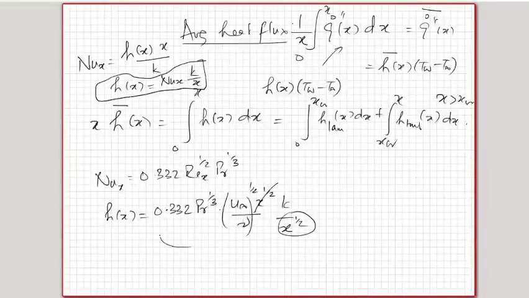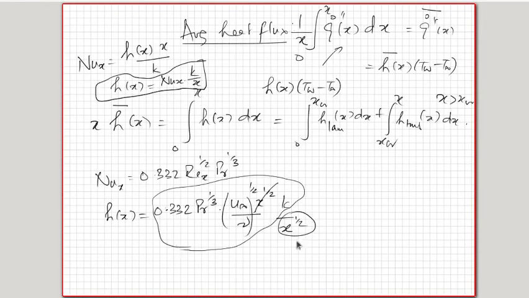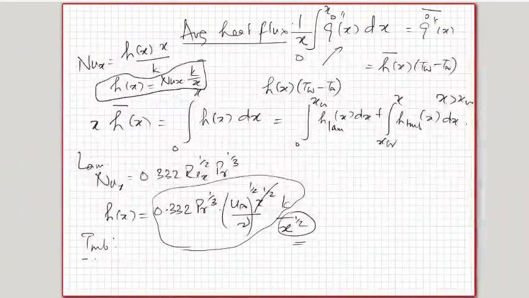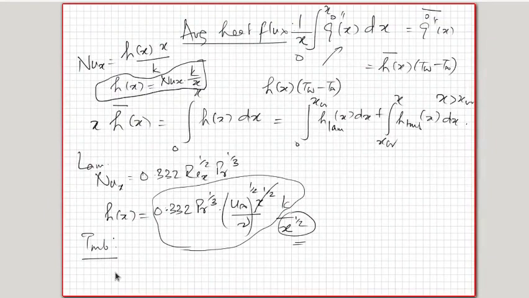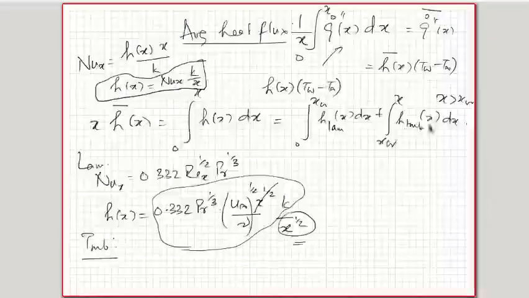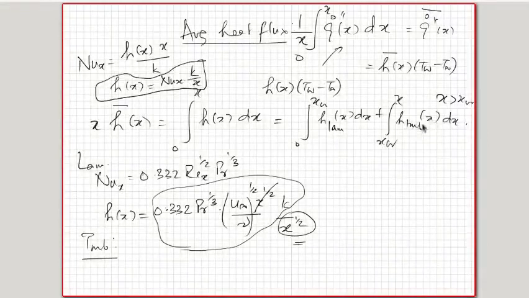So all of this remains a constant, and x to the power of half goes here, so it will become this constant multiplied by dx by x to the power of half in this expression. So this is for laminar flow. And similarly for turbulent flow, if I have an expression which is again in terms of 0.0296, then it will take that expression here.